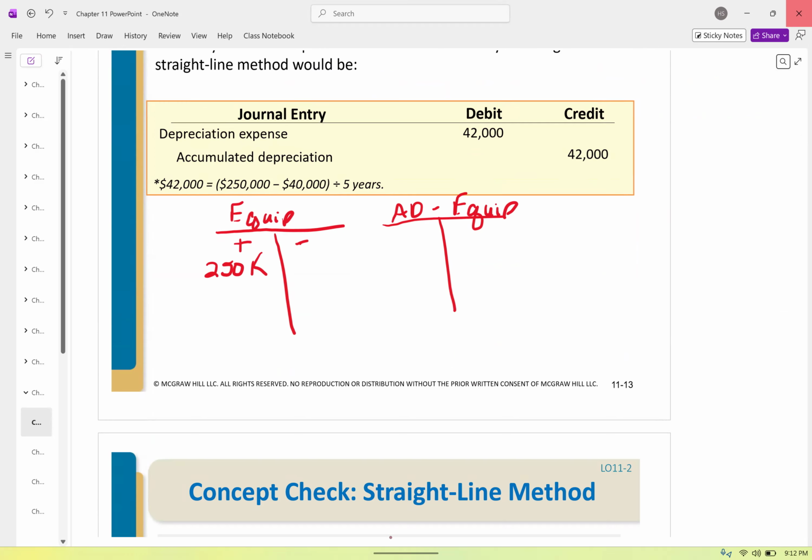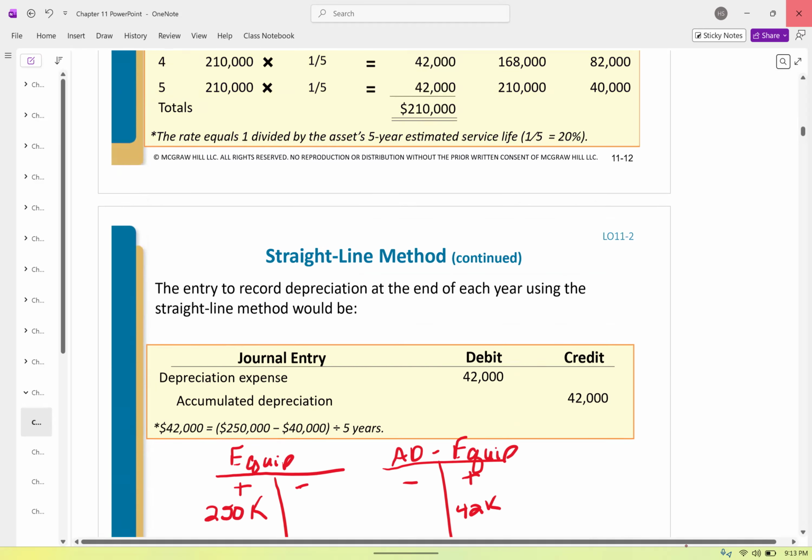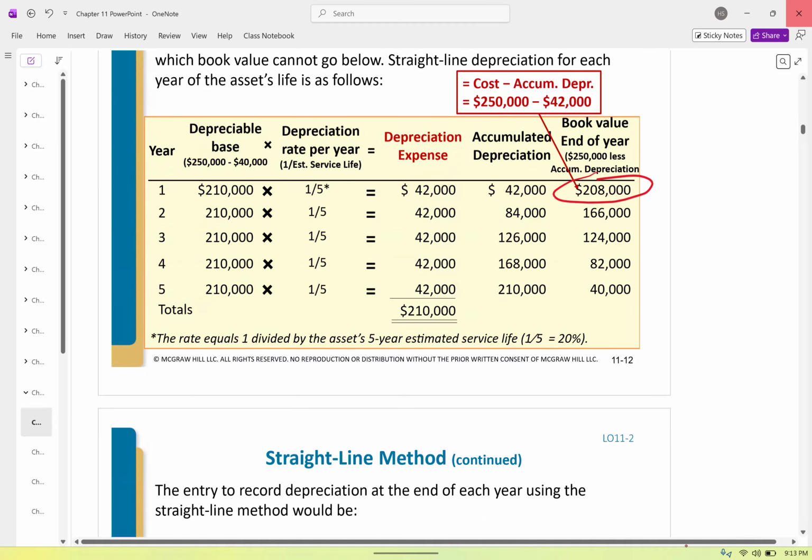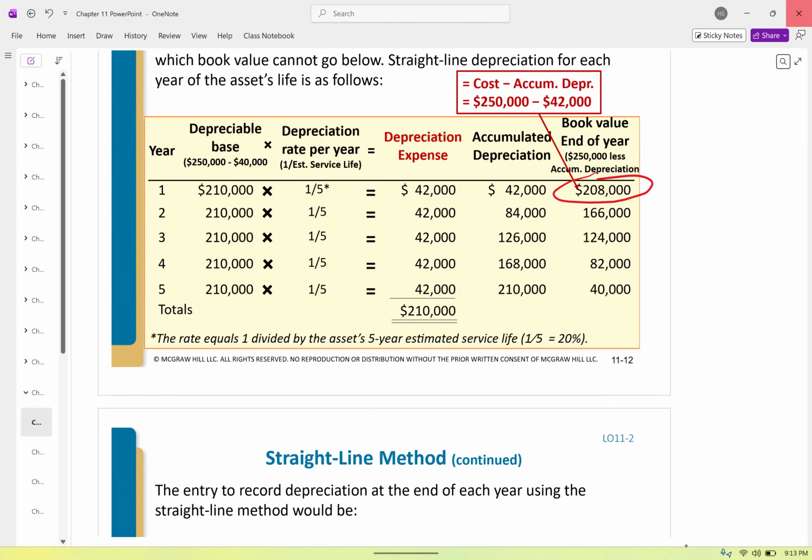It has a normal debit balance. And then we have our accumulated depreciation, which is our contra asset. It has a normal credit balance. We're going to record that 42,000 in there. And after this transaction, the book value will be 208,000. I think they gave us that. Yep, there it is right there. So that's where they got the 208.